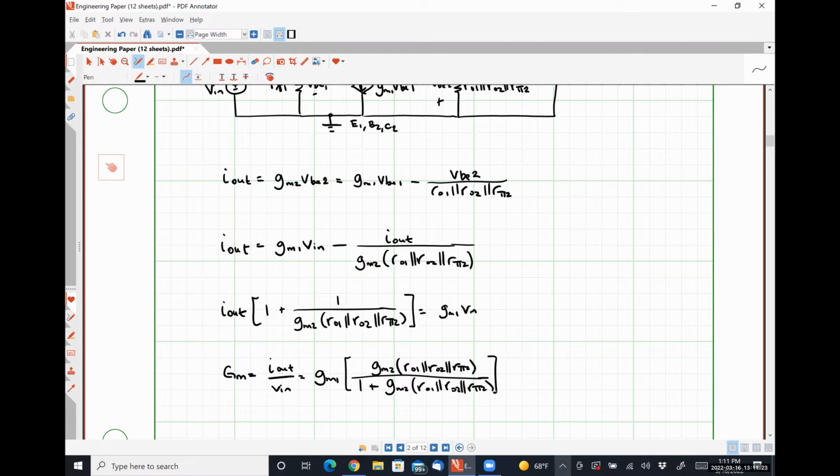So this is our short circuit transconductance, but this is ugly. So we are going to make an assumption.